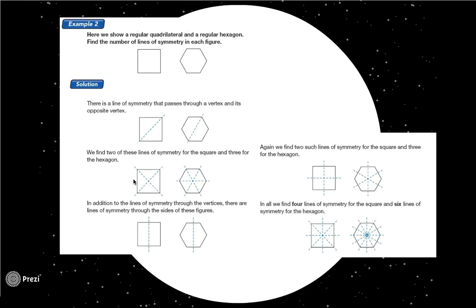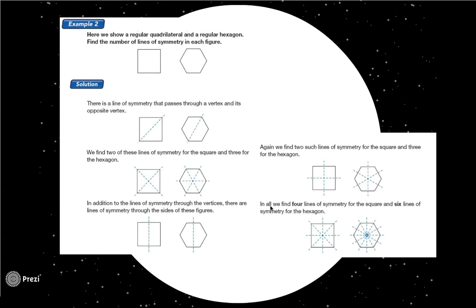All right, so we do that here, and we find that these are also lines of symmetry at all of these vertices. And then we can also cut these in half and find that there are lines of symmetry that go through the sides of the figures, like this. It's not going through any point, but going through the middle of the figure.